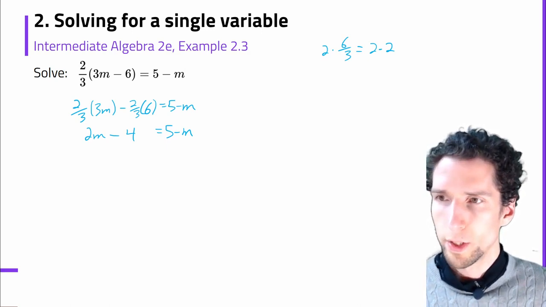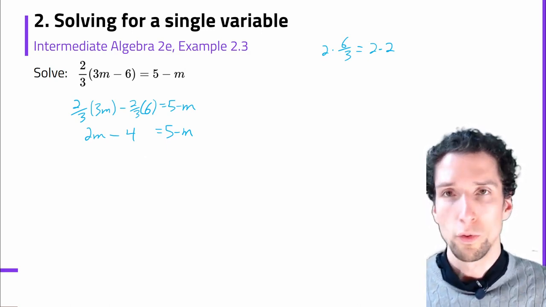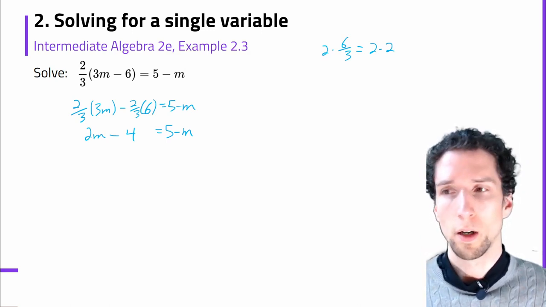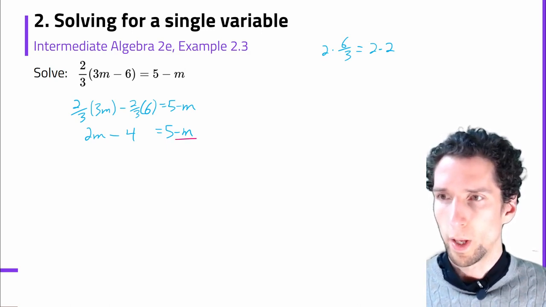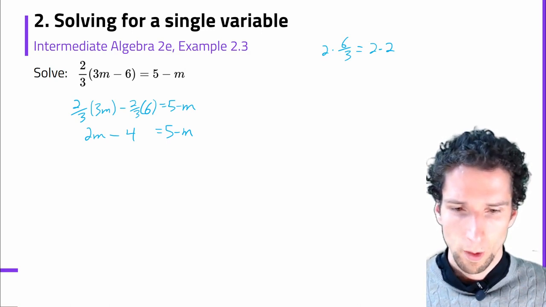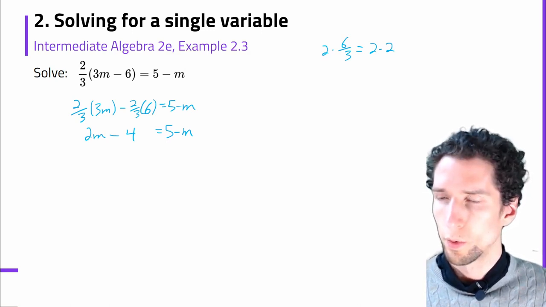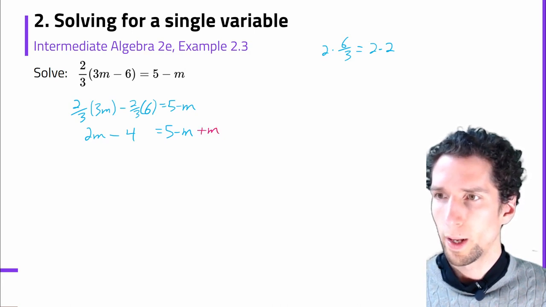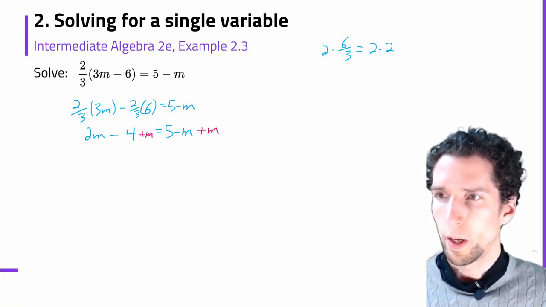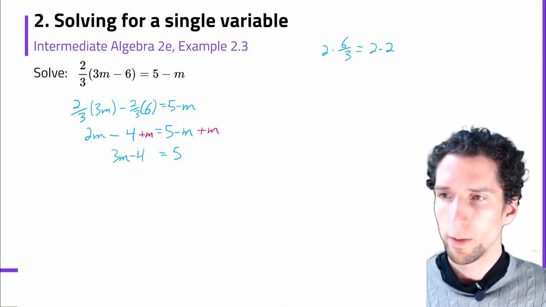All right, and now we need to group things, so we want the m's to be on the same side, and the constants to be on the same side. We have minus m here, so we are going to add m to this side and add m to this side, and that will give 3m minus 4 equals 5.